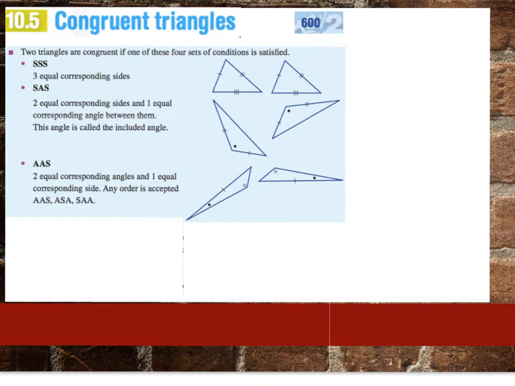The next one is AAS. We have two equal corresponding angles and one equal corresponding side. So two angles, one side. Two angles that correspond, and one side. Now, it's sometimes very hard to see, so I'll show you when I do the examples how to determine if we actually have what it takes.